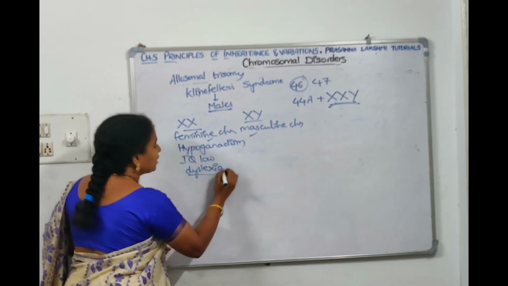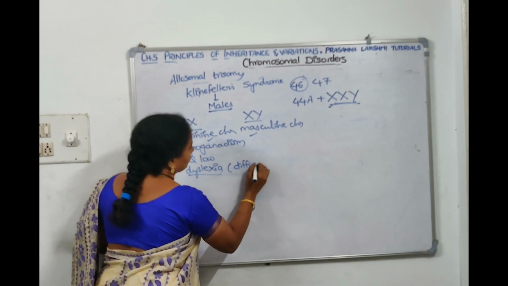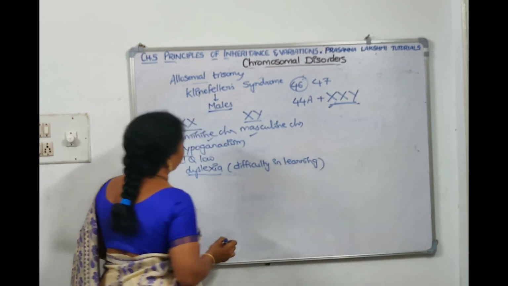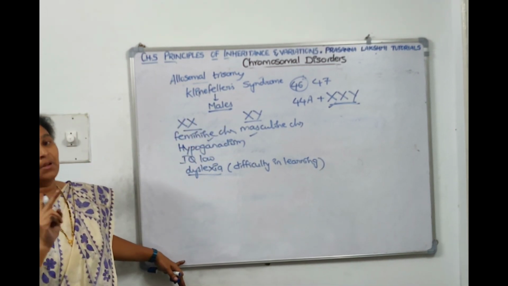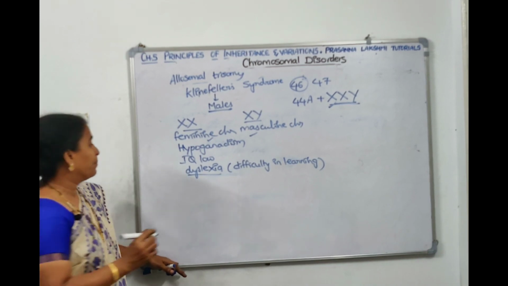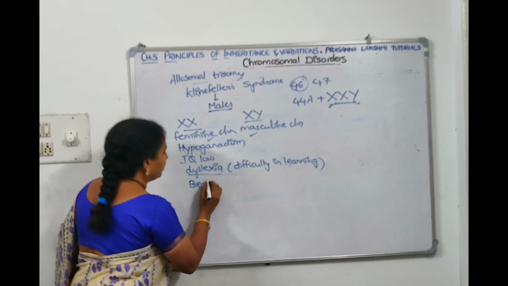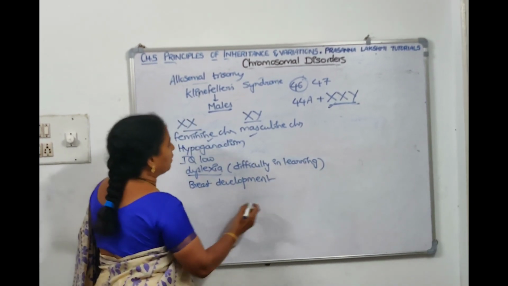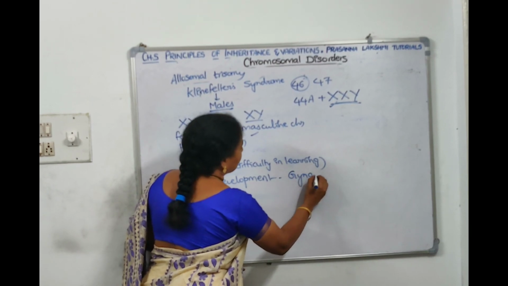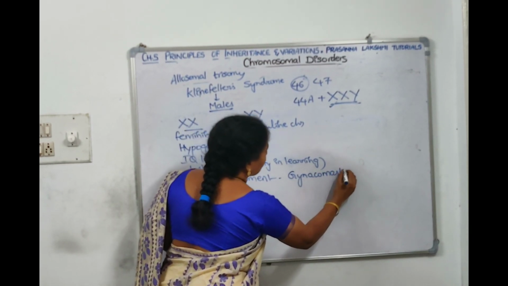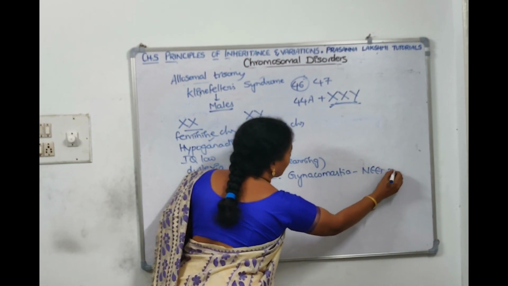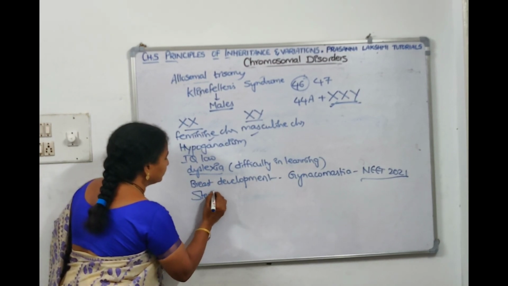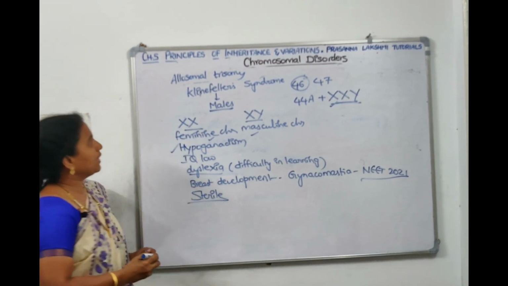Dyslexia means difficulty in learning, is another symptom. Then they have gynecomastia, breast development. Because of an extra X chromosome, breast development will be there, which is called as gynecomastia. This appeared in NEET 2021 examination, and again they are sterile. Because of hypogonadism, they are sterile.